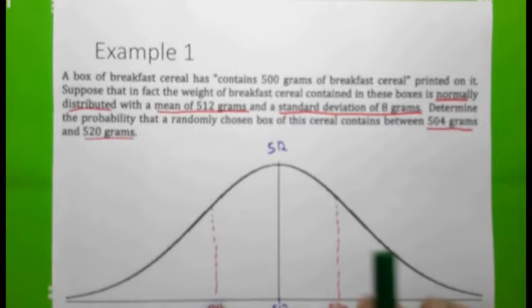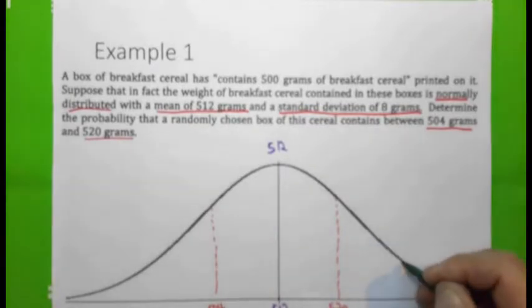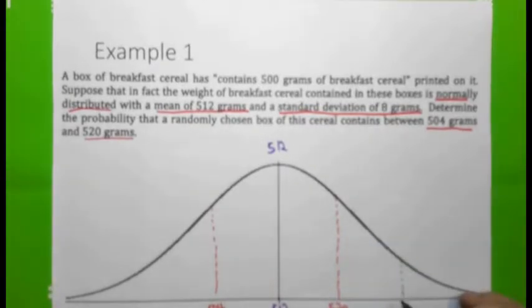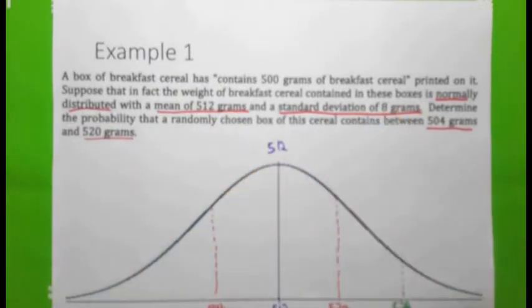If we want to extend it a bit more, 512 plus 2 standard deviations, which is around here, is 528, because 8 times 2 is 16.